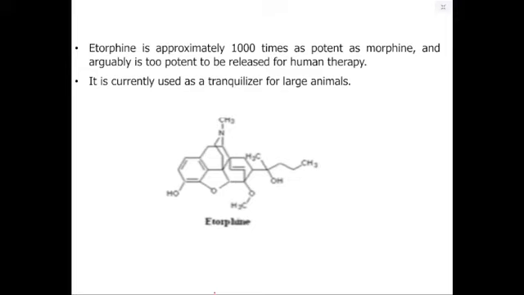In the morphine analogs, we discussed many different analogs, the codones, the hydrocodone, the hydromorphones, the morphones, so many of them. Then we went to the morphinans, where we had the levorphanol and so on. Then the benzomorphans, where we had metazocine, pentazocine, and so on.